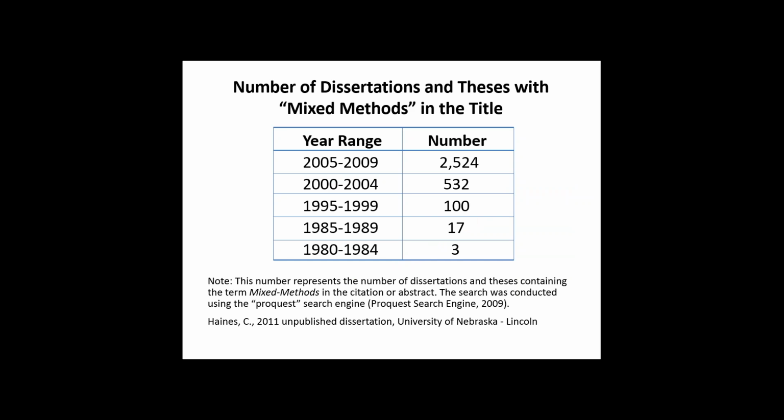There may be more students in 2005 to 2009, but nonetheless, looking at the pure numbers, there's a lot more, right? For all the years 2004 and before, if you add them up, they don't come close to how many were conducted in 2005 to 2009. So you can see mixed methods research has been steadily growing, especially lately.